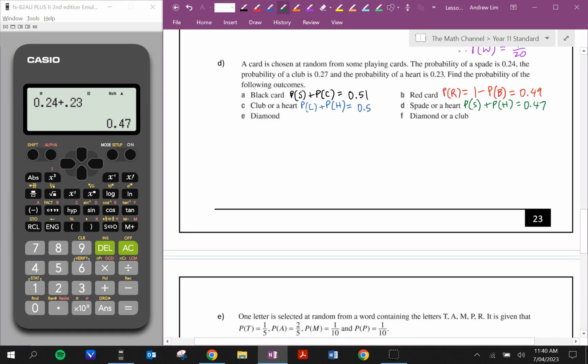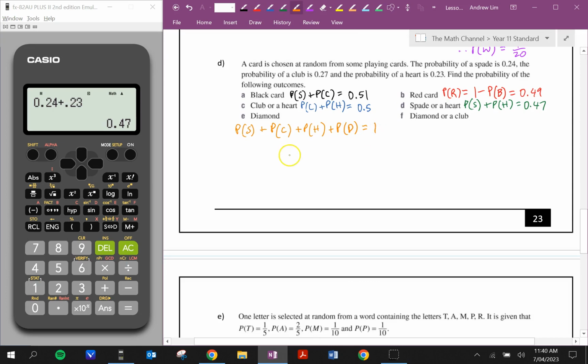Okay, diamond. It doesn't say here what the probability of a diamond is, so we actually need to work this one out. We know that the probability of a spade plus the probability of a club plus the probability of a heart plus the probability of a diamond is equal to 1.